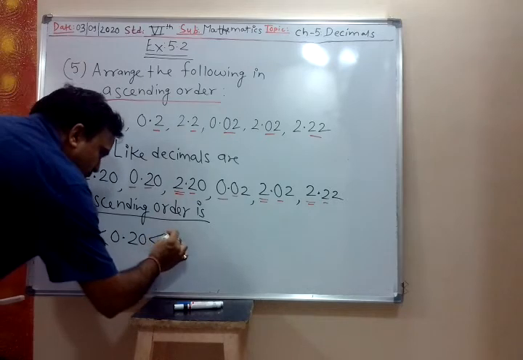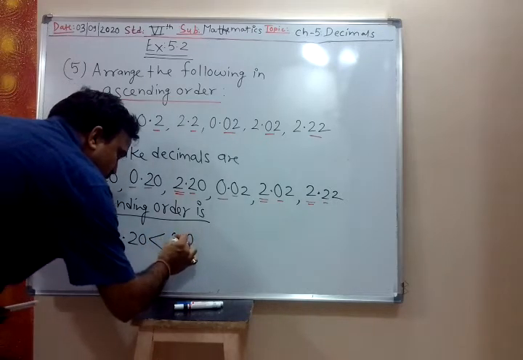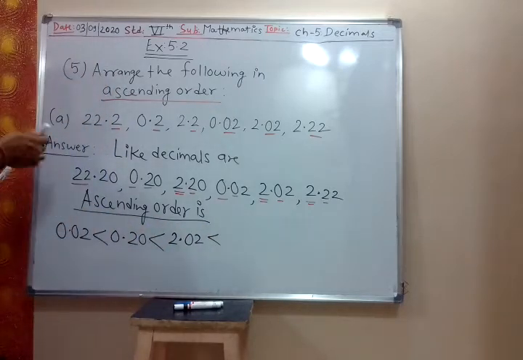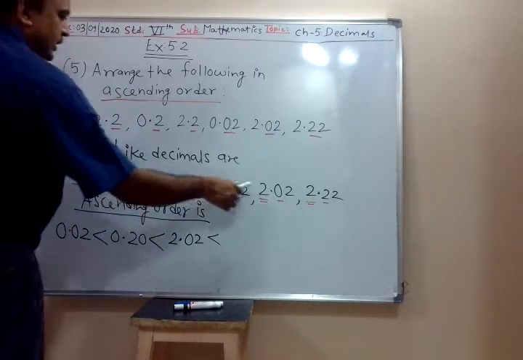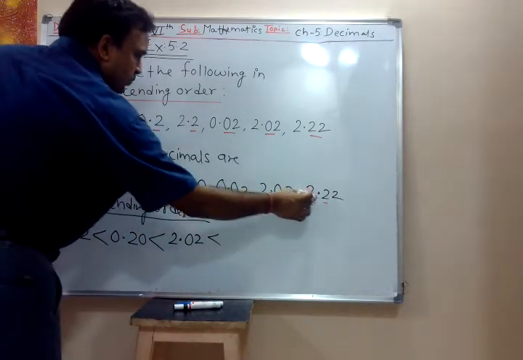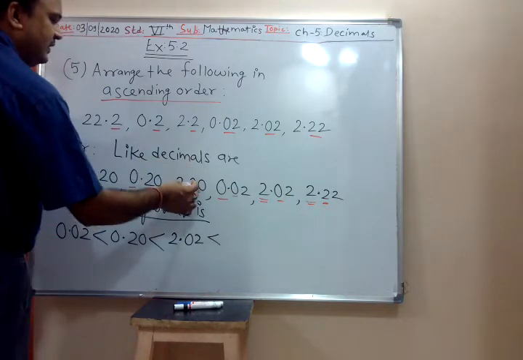So we write 2.02 is less than, now in 2.20 and 2.22, the first digit after the point is 2 in both. Now let us compare the second digit after the point.